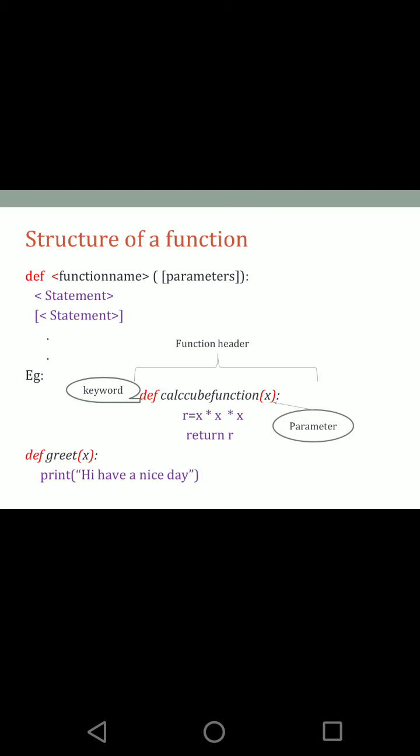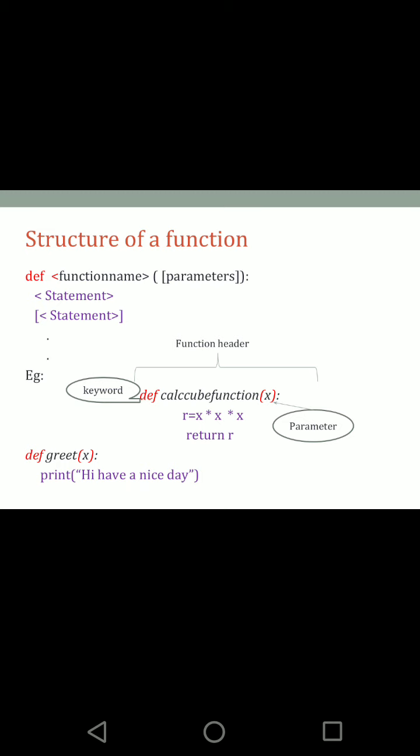Within brackets, parameters. Parameters are just values that you give to the function such that the function can act upon those values. And after writing the function name and parameters, you have to write the statements describing what the function is going to do.